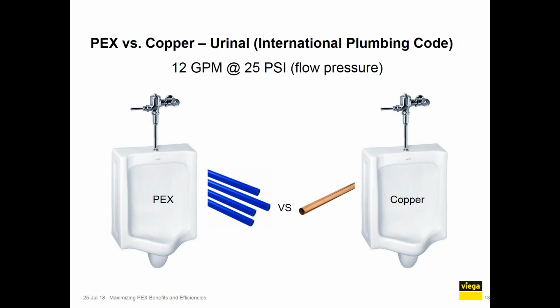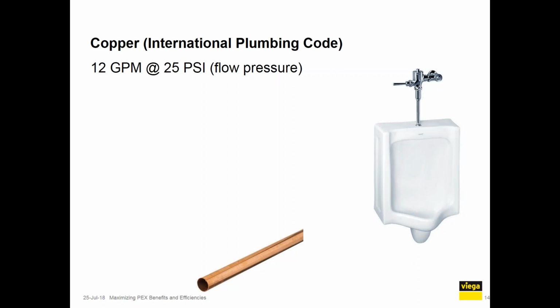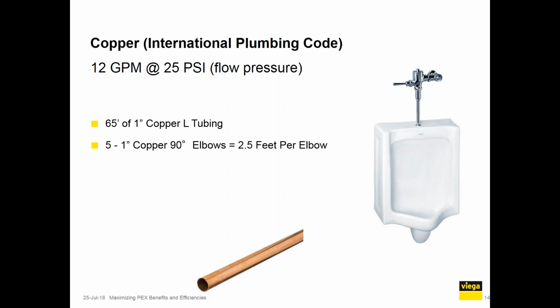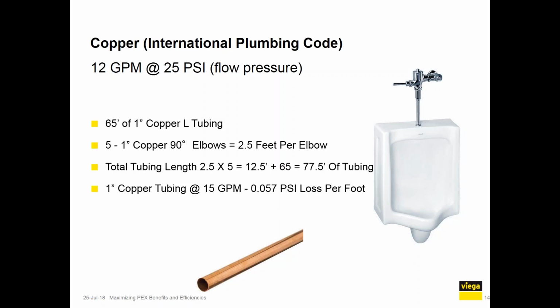A pretty common installation type is plumbing to a flush bank. Here you have a flush bank requirement of 12 gallons per minute and 25 PSI. Let's look at the PEX versus copper comparison. With copper, you've got 65 feet of 1-inch copper tubing using 5 elbows, and you have your equivalent feet factor considered there for those elbows, added on to that total length of tubing.